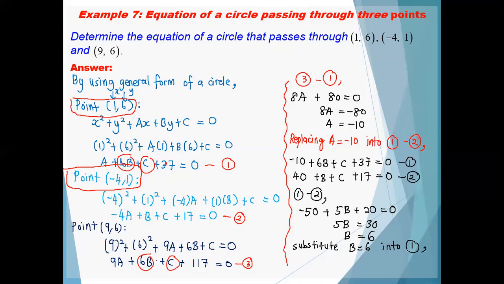Okay, so we obtain a is negative 10 plus 6 times 6 plus c plus 37 equal to 0. So you got c is equal to negative 10 plus 36, you got 26, 26 plus 37, so you got 63, so bawa ke kanan akan jadi negative 63.